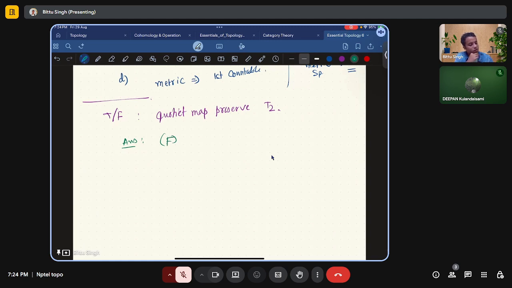So consider this quotient map. R with usual topology. If something is not written, then always assume that it is usual topology.